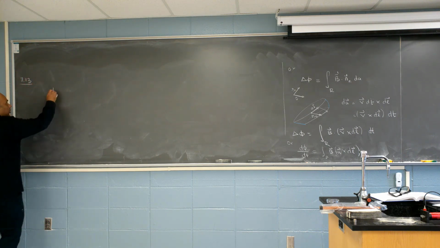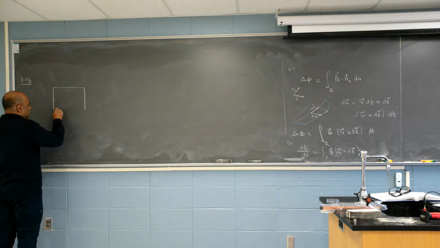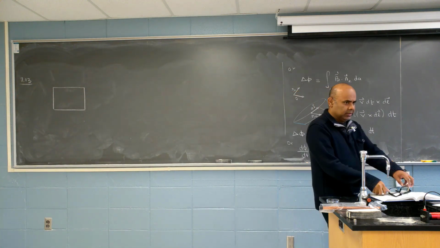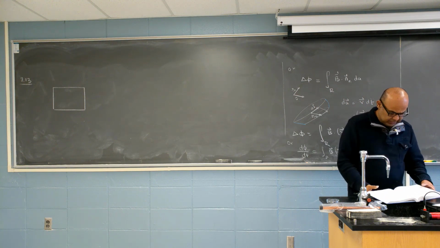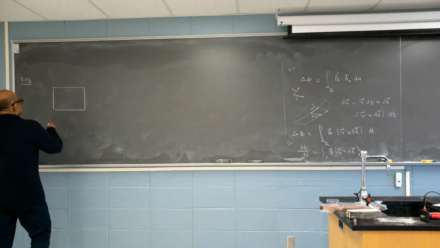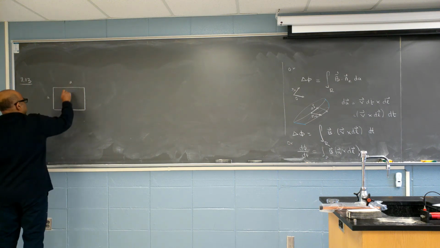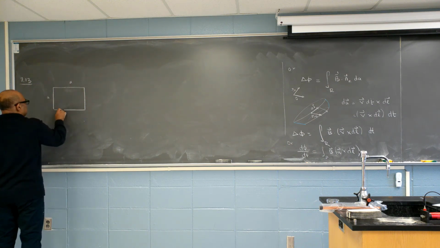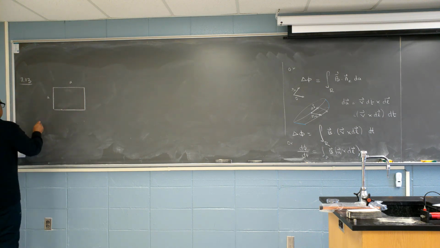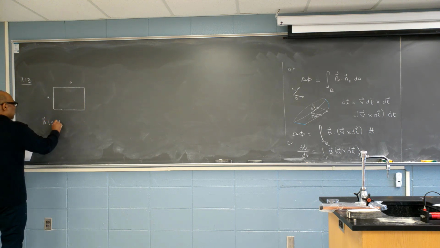So here you have a loop. I should have drawn a resistor. All loops have resistors. And it's a square loop, side A, and some sort of a resistance. And there's a magnetic field acting on it, B(y, t).